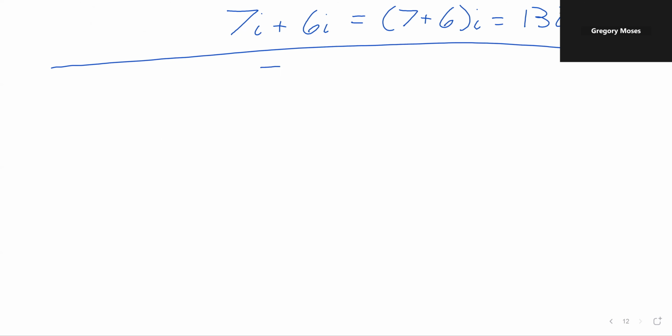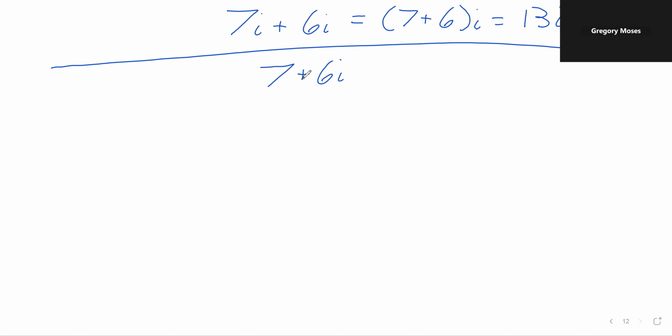But when you add a real number to the imaginary numbers, we're back in the situation where this is what it is. This is not 13i, it's not 13 or negative, it's not anything that it seems like it might be.